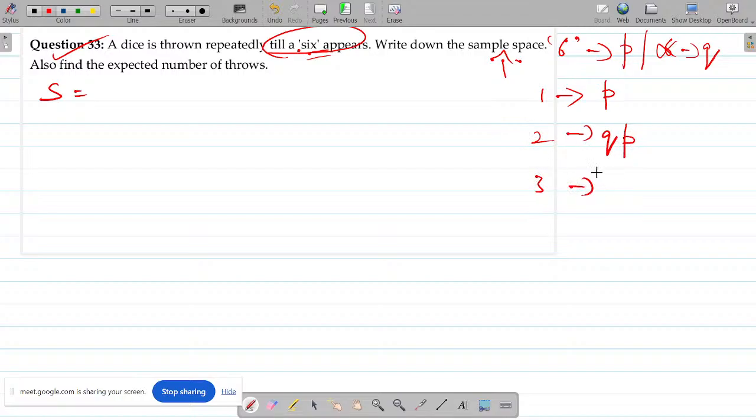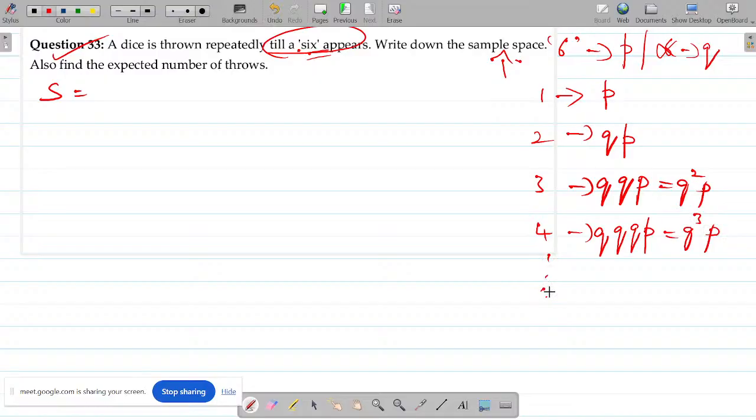In case you're not getting it in the second row, you'll go for the third row: failure, failure, success, which is Q square P. In case you're not getting it in the third row also, you'll go for failure, failure, failure, and at last you get success in the fourth row. It goes on like this.